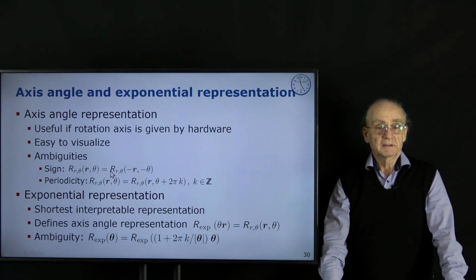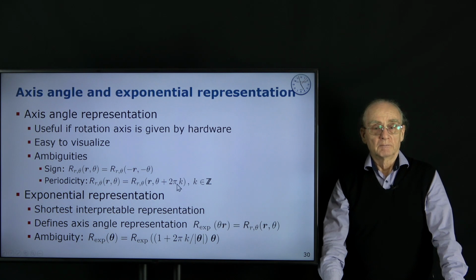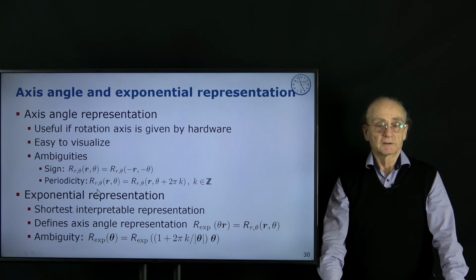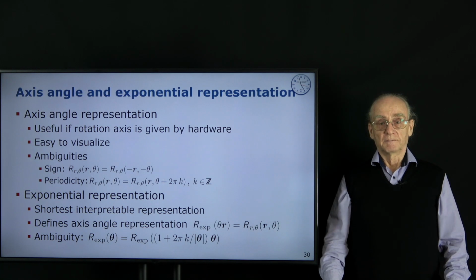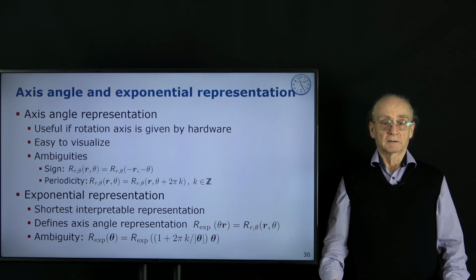You have some ambiguities. First one is that you have the sign ambiguity for the rotation direction and the angle. And of course, if you add multiples of 360 degrees to your angle, you of course get the same rotation matrix. That means you cannot recover rotations outside your given range in 0 plus 2 pi.